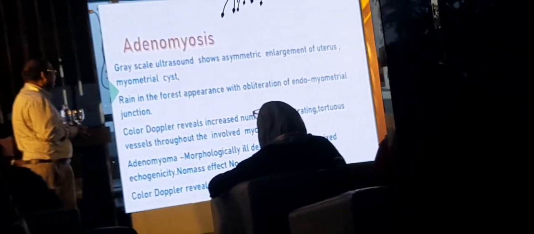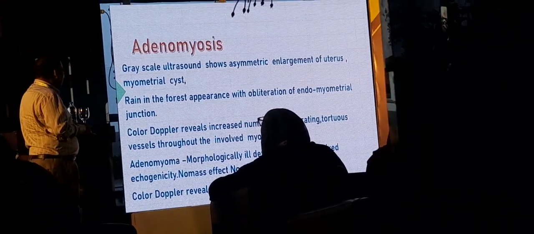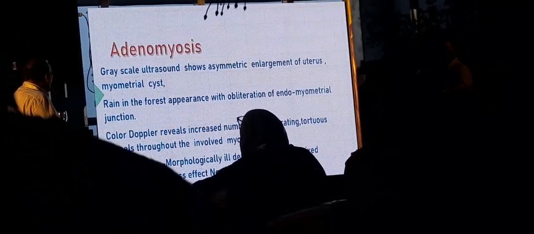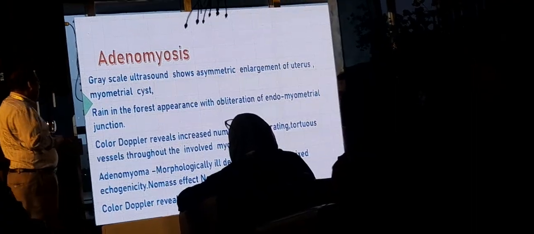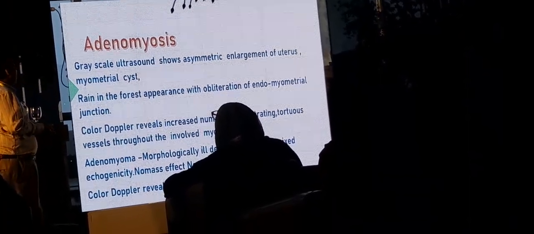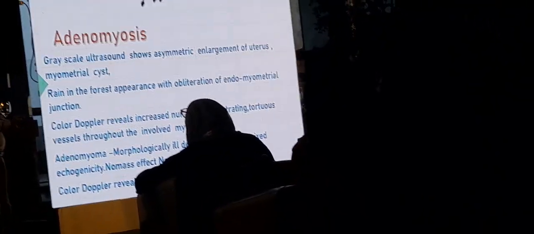Adenomyoma, morphologically it defined lesions with mixed echogenicity, no mass effect, no calcification. Color Doppler reveals trans-lesion vascularity. It is mostly absent in case of fibroid, but in case of adenomyosis, we find the vascularity.